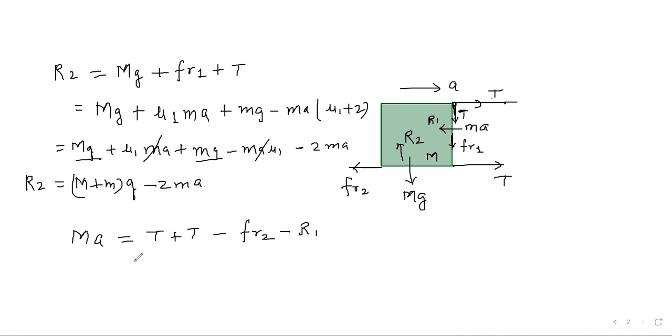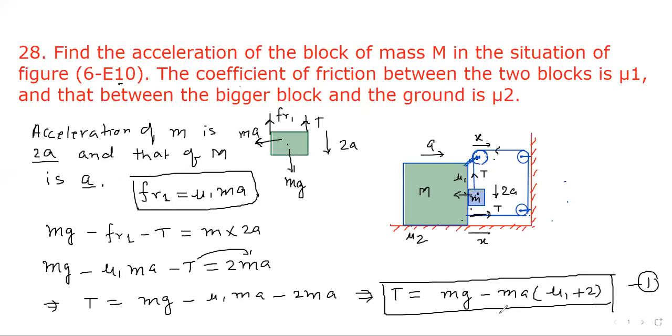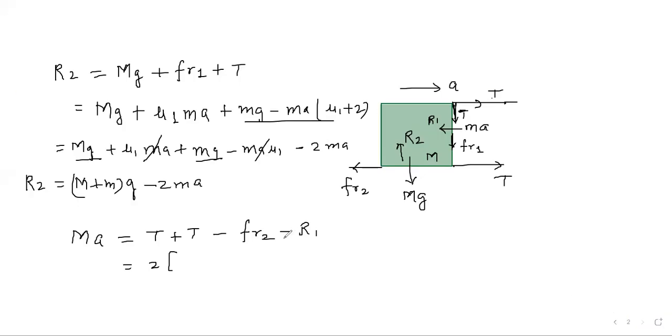Let's write the value of tension. So twice of, we have got the value of tension, or we can check in the back, this Mg minus MA times mu1 plus 2. So that value we can put here: Mg minus MA times mu1 plus 2, minus friction 2, which will be mu2 here.